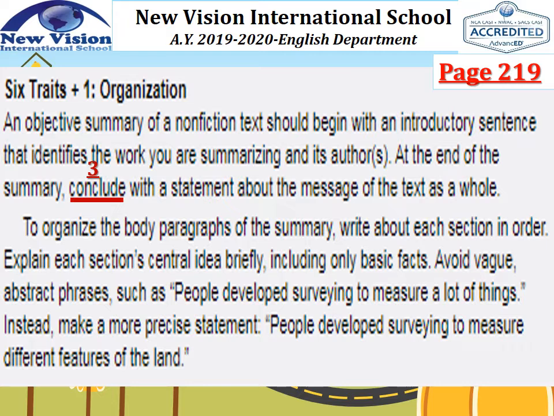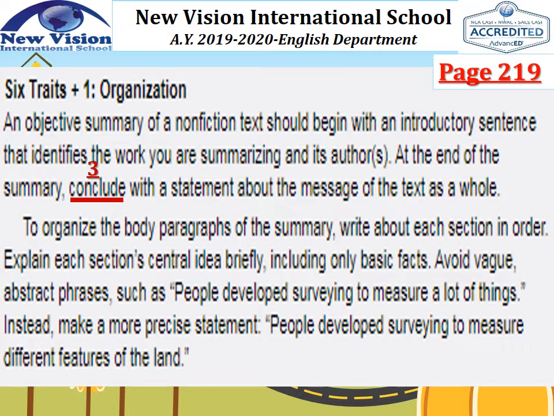When we say basic facts, this could be your 4 W's and 1 H: who, what, when, where, or how. Avoid vague, abstract phrases. When we say vague, it means unclear. Here is an example given from the text: People develop surveying to measure a lot of things. What made this vague?